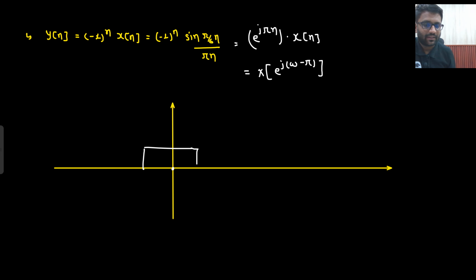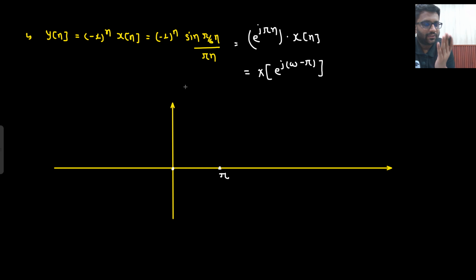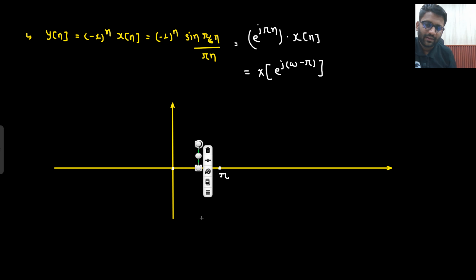Now the center will be at pi, so pi by 6 backward and pi by 6 ahead: seven pi by 6 here and five pi by 6 here, right?